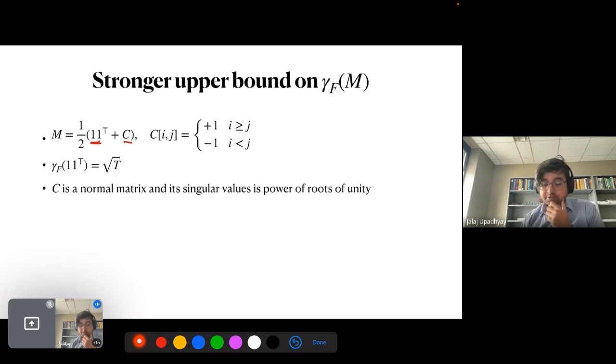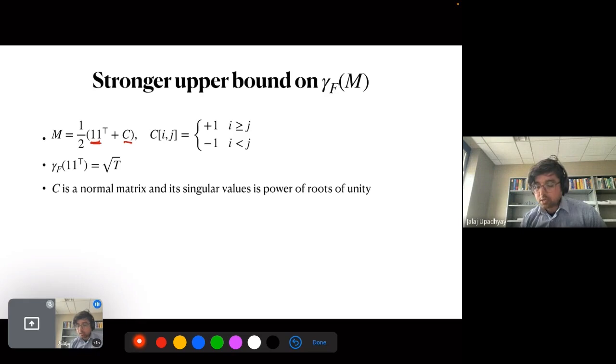Now it looks okay, but it's a normal matrix. That's one of the reasons to look at it. And I can explicitly compute the singular values again, and they are just powers of roots of unity. So its eigenvalues are complex, but singular values are just powers of roots of unity. So I can compute the norm.